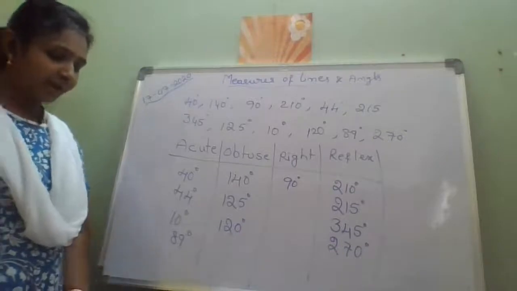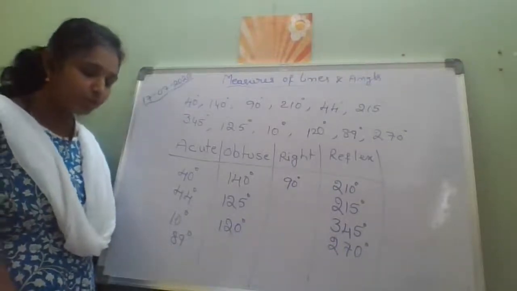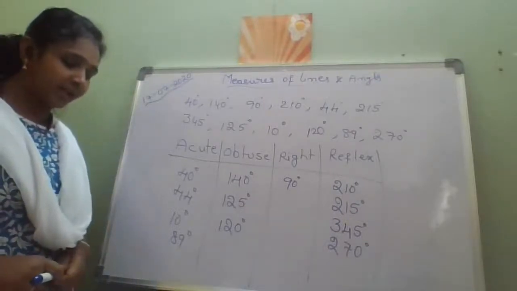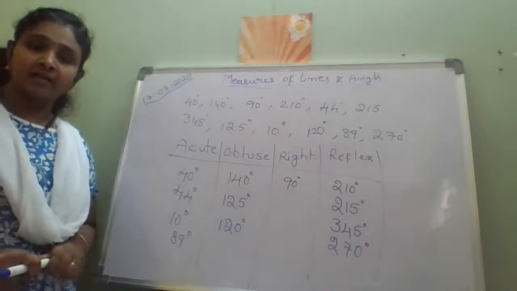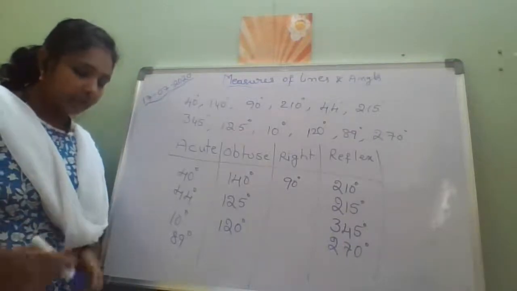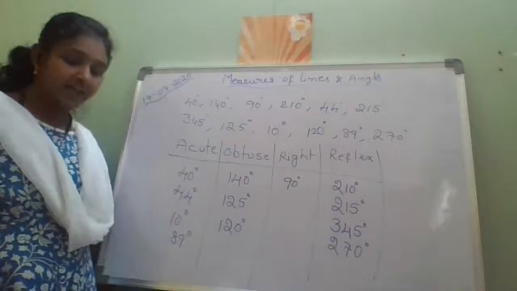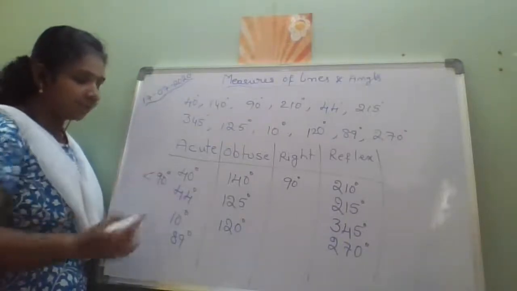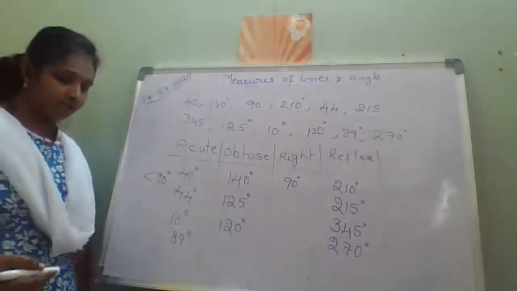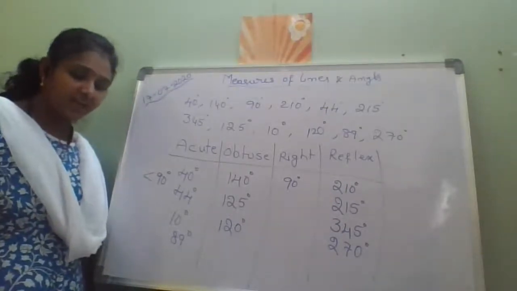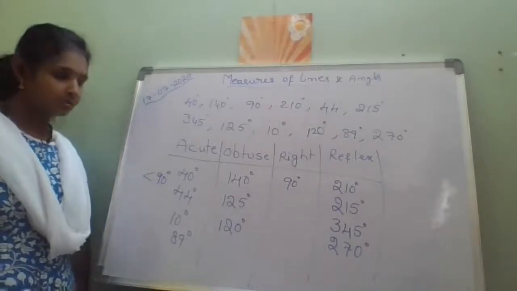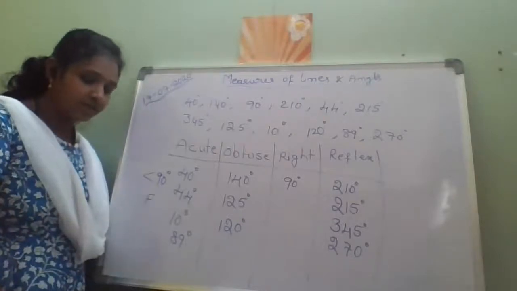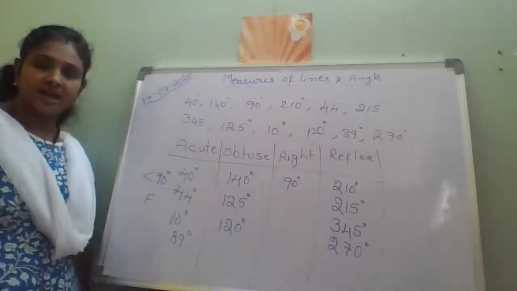Next, I will ask some questions. Tell me true or false. An angle smaller than a right angle is an acute angle. True. Less than 90 degrees is an acute angle. A right angle measures 180 degrees. False. A straight angle measures 90 degrees.